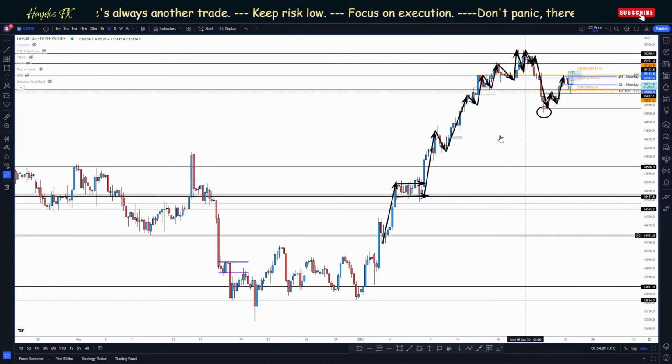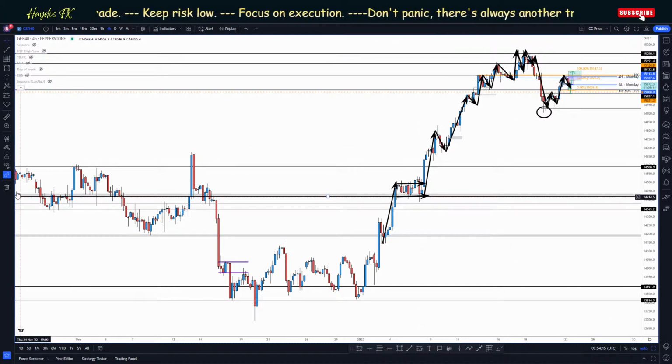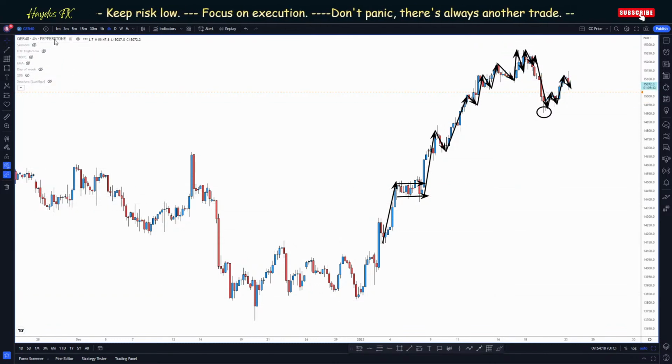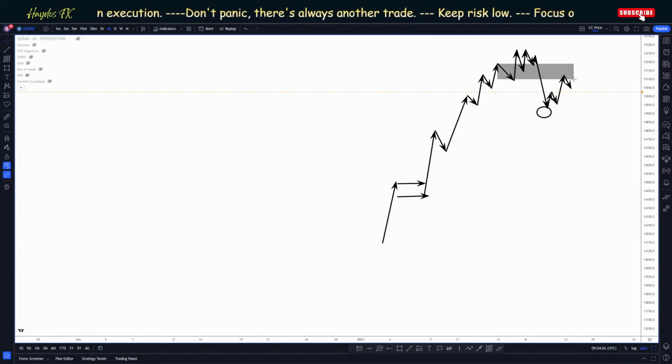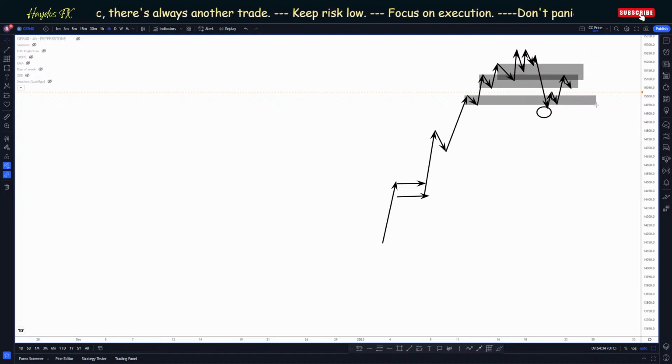Okay, so, and then I'll add this, depending on where this 4 hour candle closes. So if I take off everything, this would have been first structure, this would have been second structure, this would have been third structure. So we've actually gone underneath.